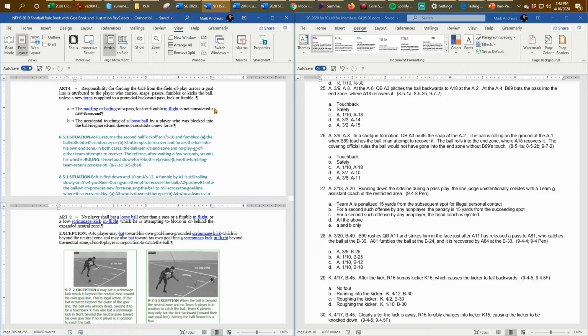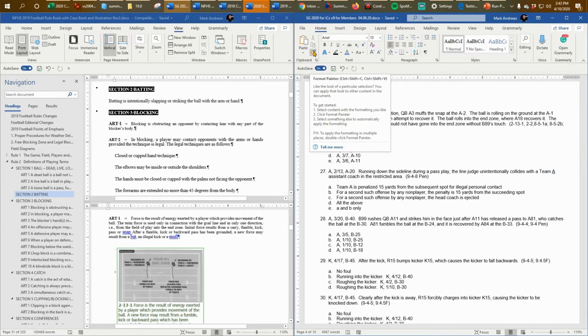Okay, but in this case, the bat is actually a thing that put the ball into the end zone, but it was legal and it's not considered a new force. So it was actually the backward pass that put the ball into the end zone where it was recovered by A. So this is a safety.